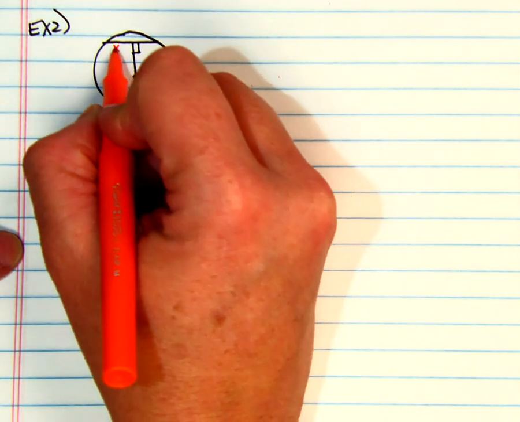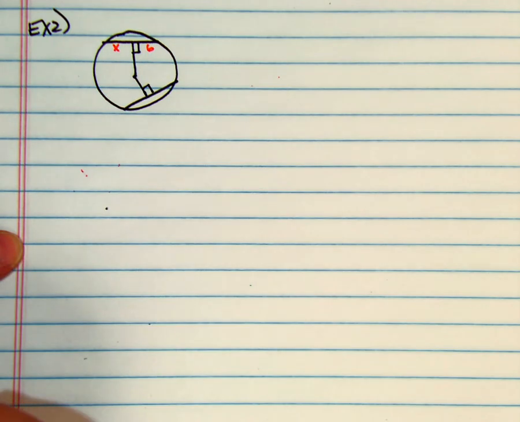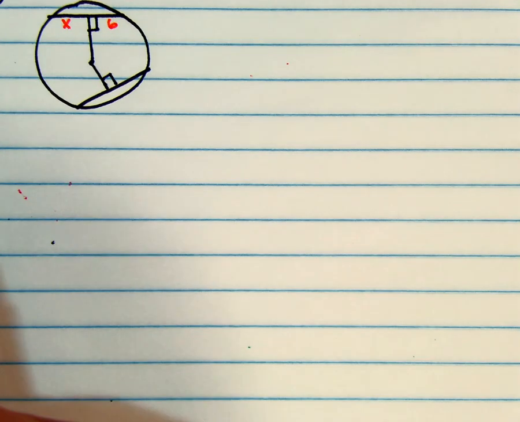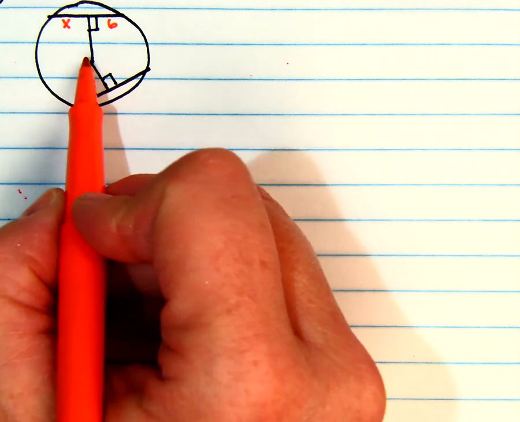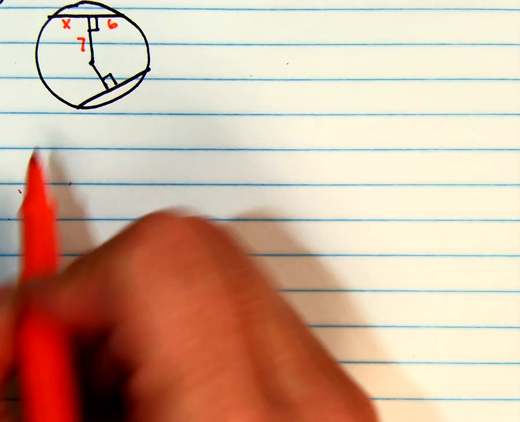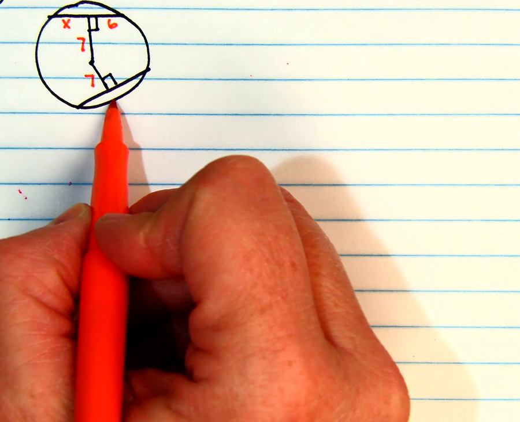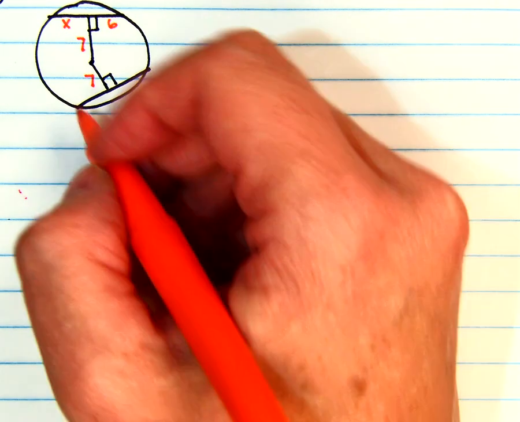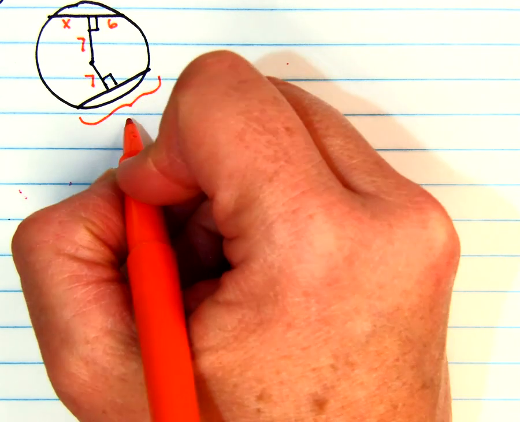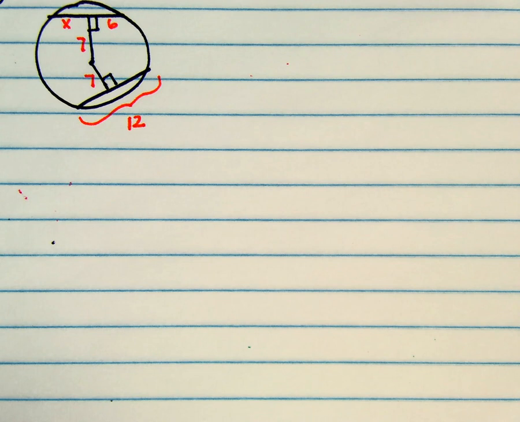So this is x. This little piece here is 6. Zoom in. This little piece here is 7. And this little piece here is 7. Notice they are not a radius because they do not go all the way through to the circle. And then this chord is 12.